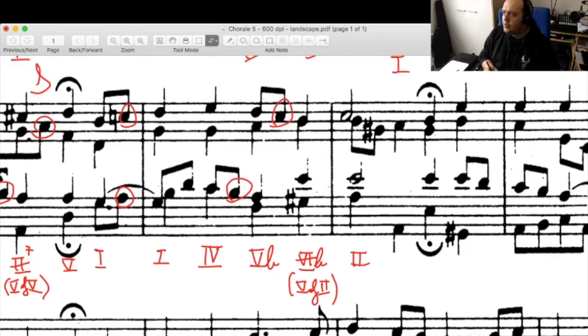Nice double appoggiatura. Prepared appoggiatura, by the way, here. The B in the alto is sounded in the previous beat, in the previous bar. And then it's sounded again here. Prepared appoggiatura, double appoggiatura. I think this is also referred to as indirect approach, or some other way in modern theory books.